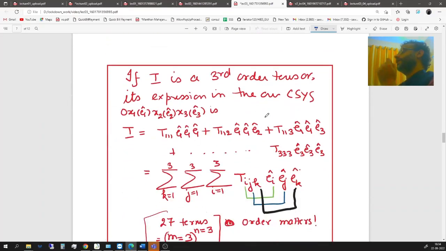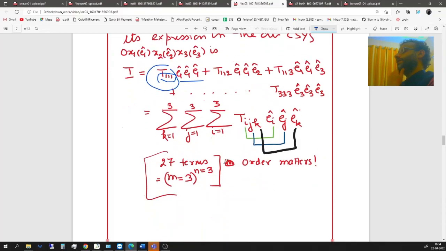Its expression in our original red coordinate system would be what I have shown here: T111 E1 E1 E1, T112 E1 E1 E2, all the way to T333 E3 E3 E3. So now T on the right hand side takes three indices because it has to convey which dyad it is the coefficient of, out of the 27 possible dyads.